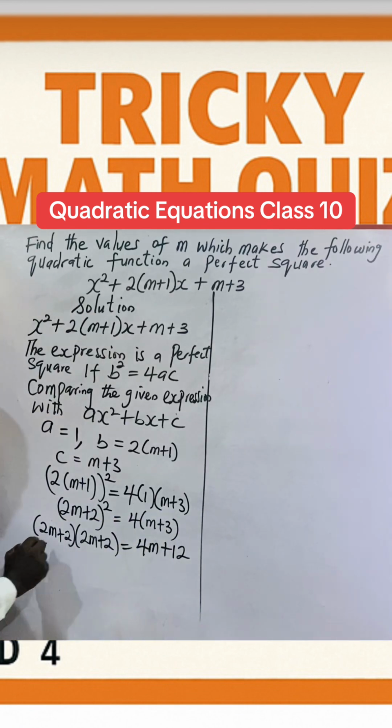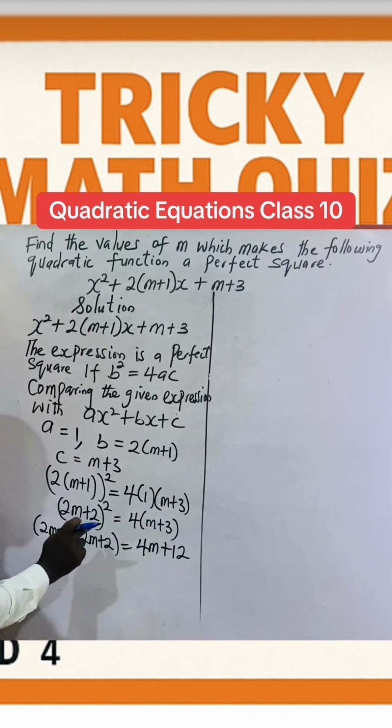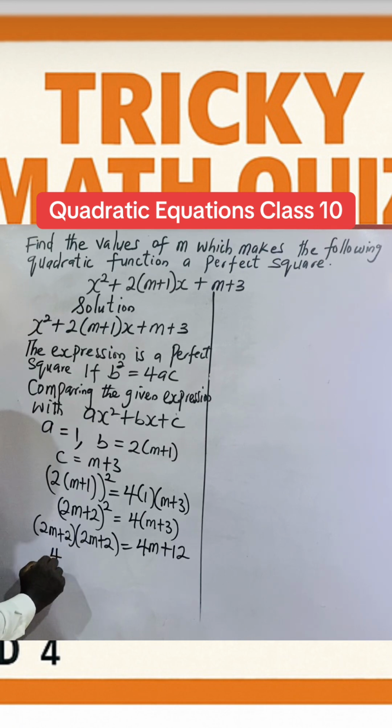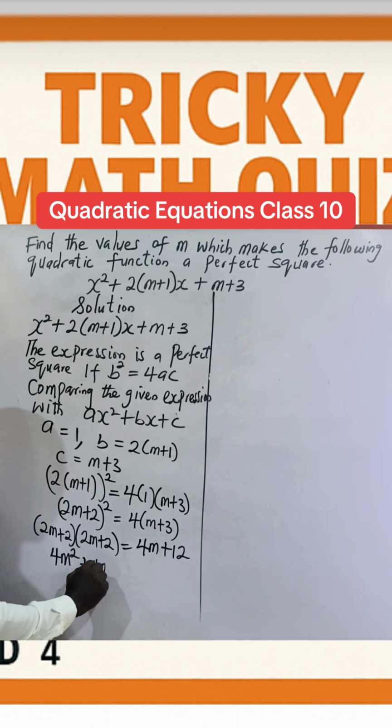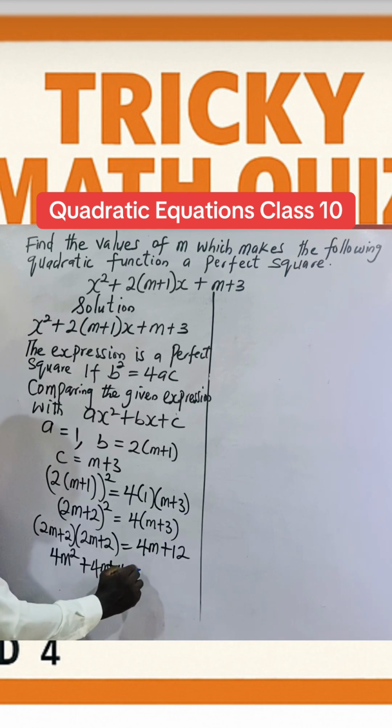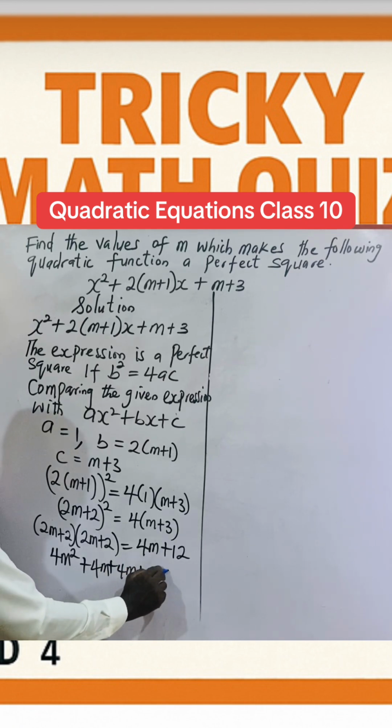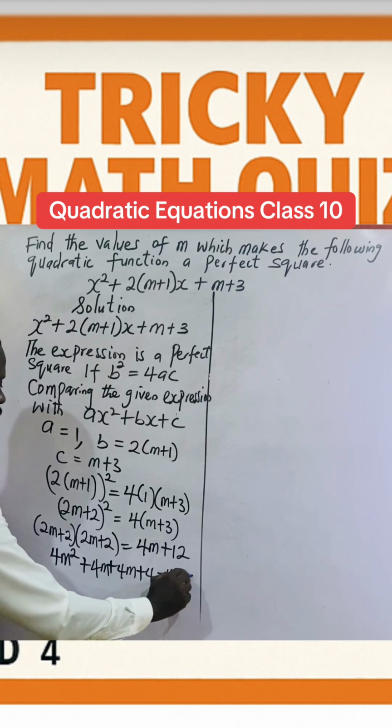So let's open up here. 2m times 2m will give us 4m squared. Then 2m times 2 will give us 4m. 2 times 2m will give us 4m. 2 times 2 will give us 4, equal to 4m plus 12.